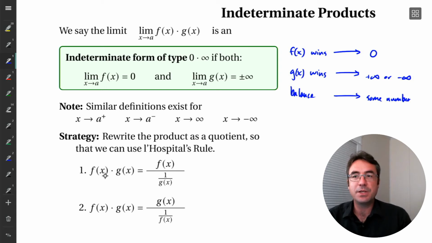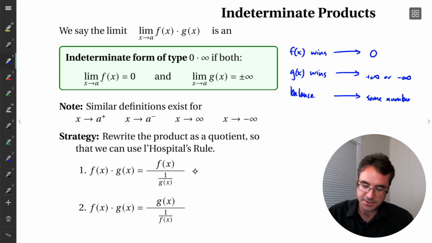And one way to do it is we can take our function f and divide by 1 over g of x. Or, if that doesn't work, we can take our function g of x, put that on top, and then in the denominator, we can put 1 over f of x. So we're kind of doing like two reciprocals here. So really, these take us back to where we've started. They're kind of artificially creating these fractions, though. And so if f is the thing that's going to 0, in this case, the top term would be going to 0.